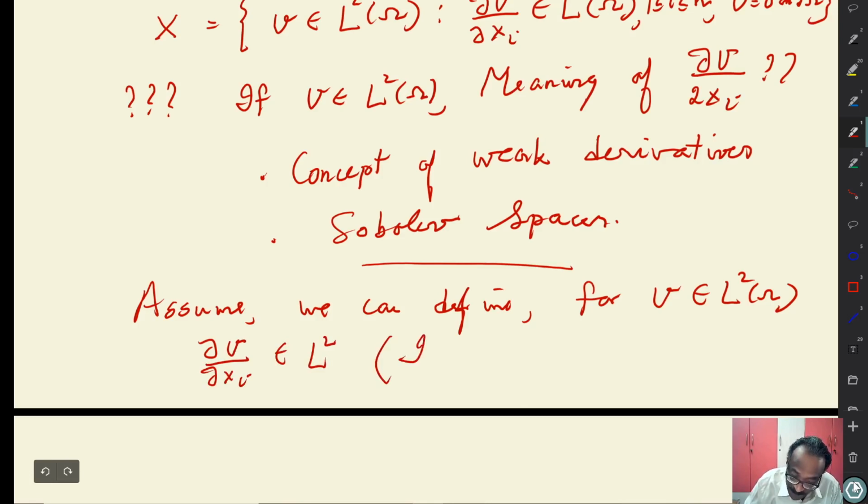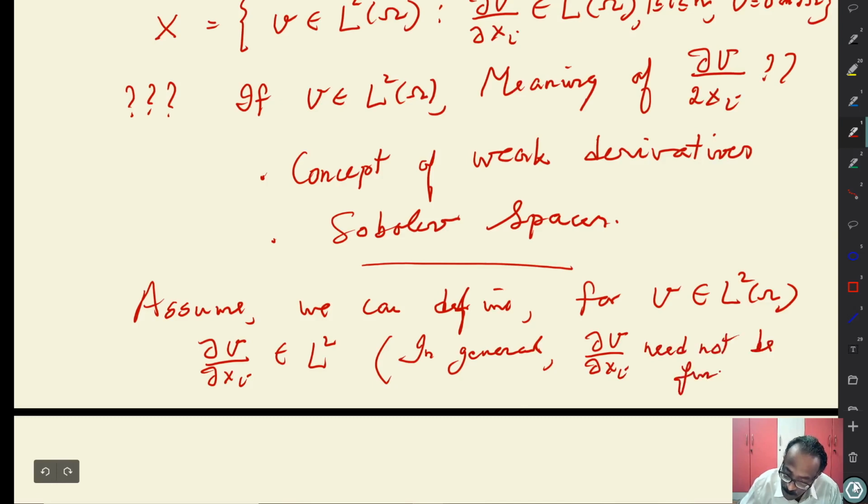In general, the derivative of a function need not be a function. In general, dV by dxi need not be a function. Because for every function in L2 you can define the derivative, but you will not be able to get it as a function.